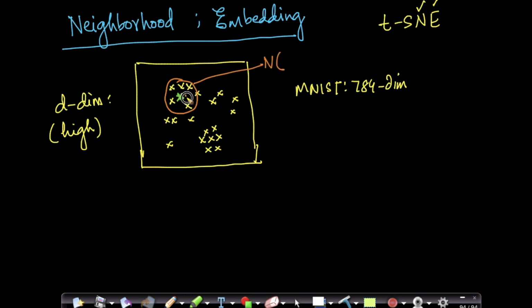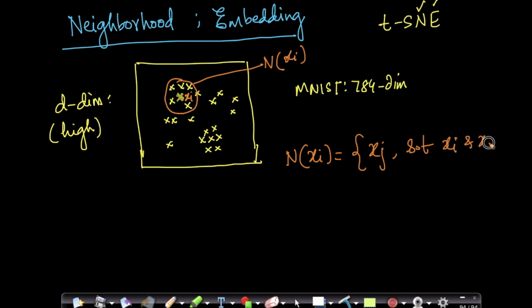If this central point is xi, this circle represents the neighborhood of xi. The neighborhood of xi is all the points xj such that xi and xj are geometrically close.